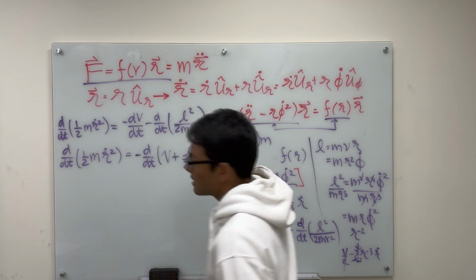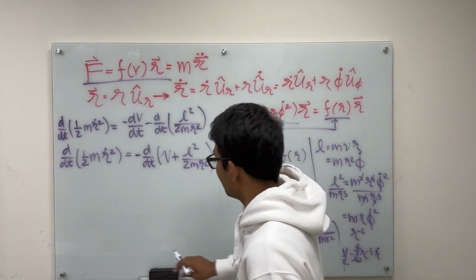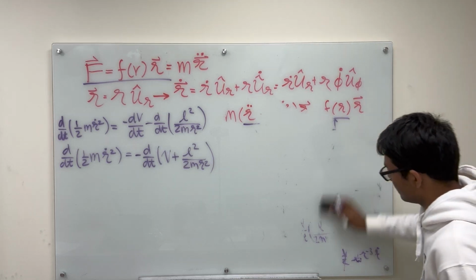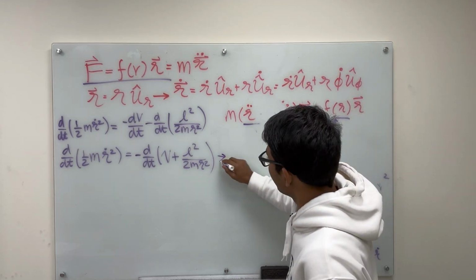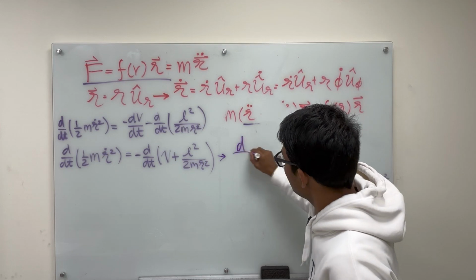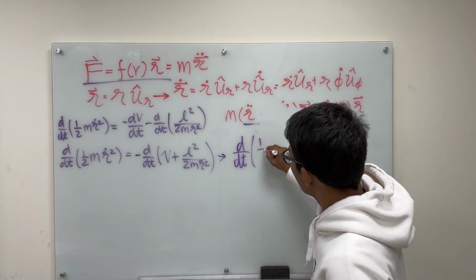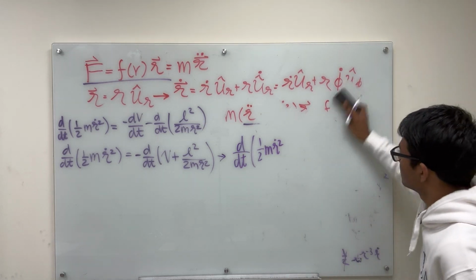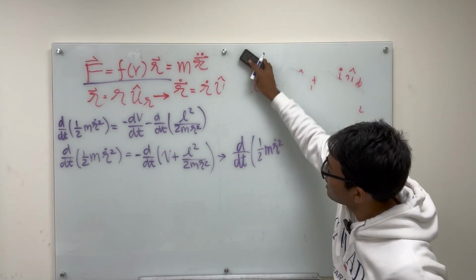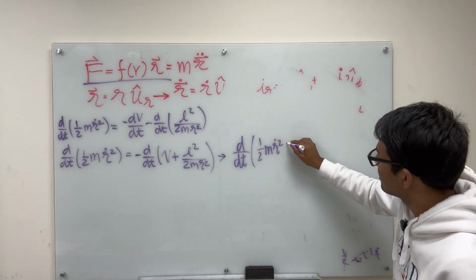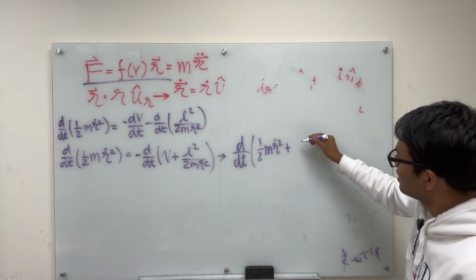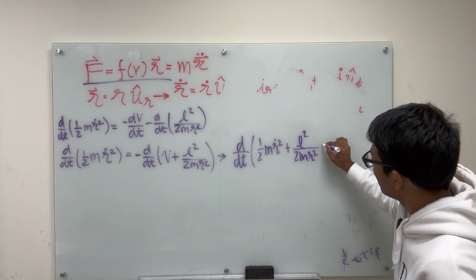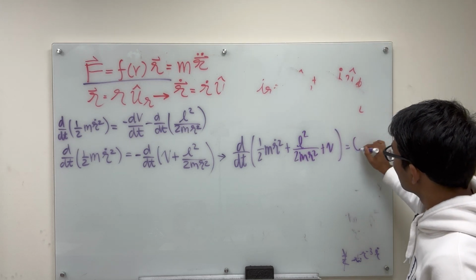Now if I simply add this quantity to the left-hand side, then what do I have left over? All of this becomes d/dt of 1/2 m r dot squared plus, remember there's a minus sign out front for a reason, so that when I add it to the left side it becomes a plus, L squared over 2 m r squared plus V, equal to 0.